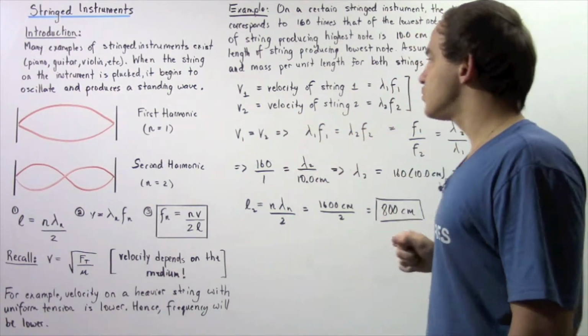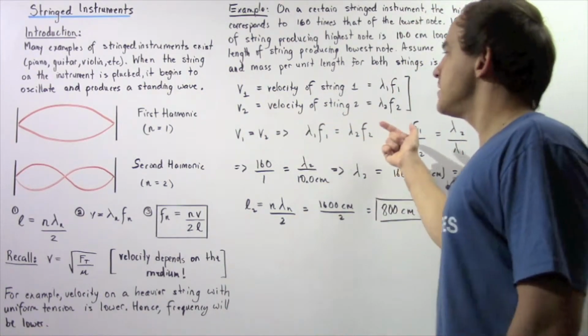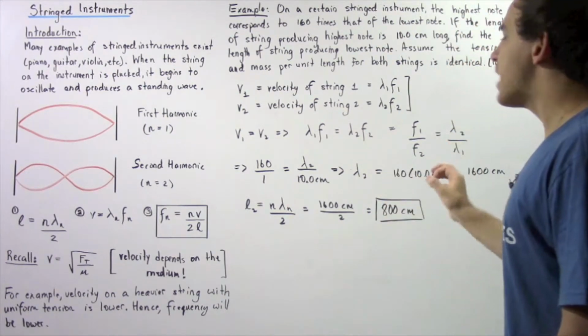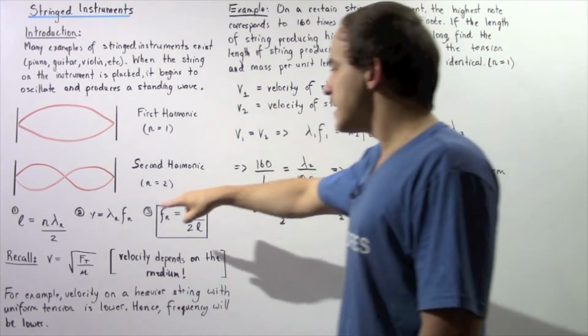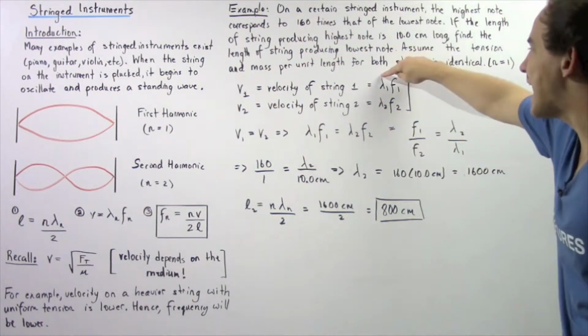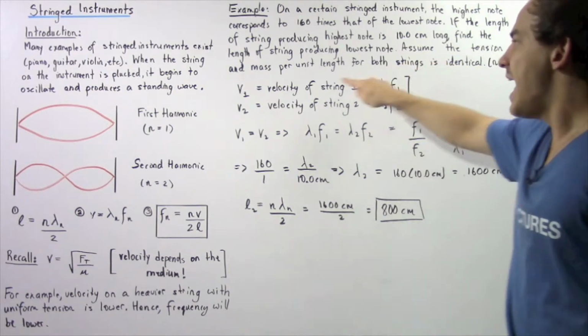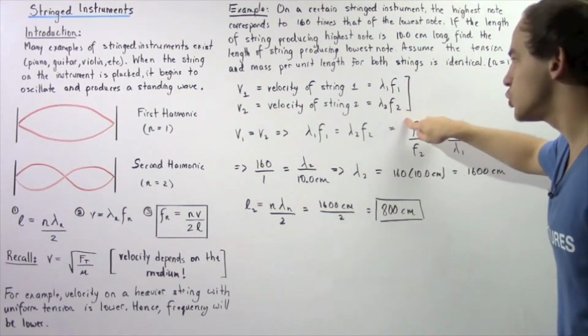The velocity in string 2, V2, is the velocity in the string that corresponds to the lowest note. Now, from equation number 2, V1 is equal to lambda 1 times F1, and V2 is equal to lambda 2 multiplied by F2.